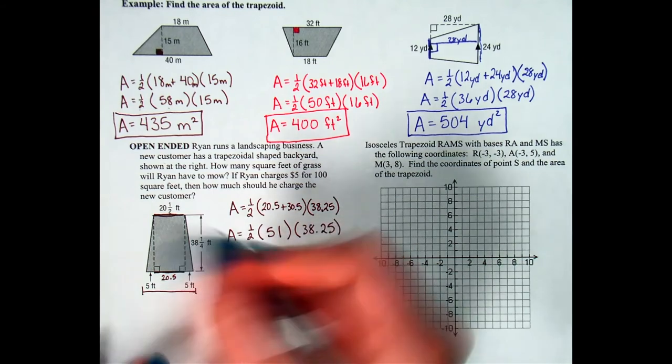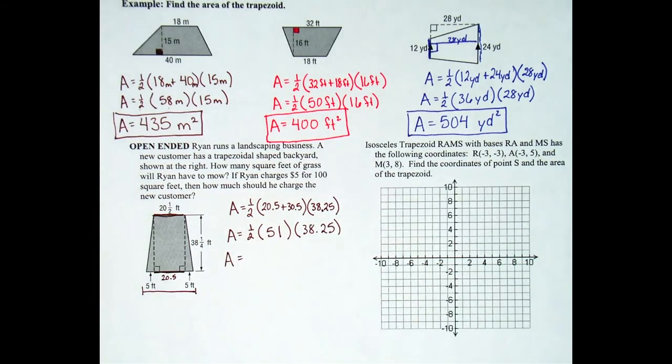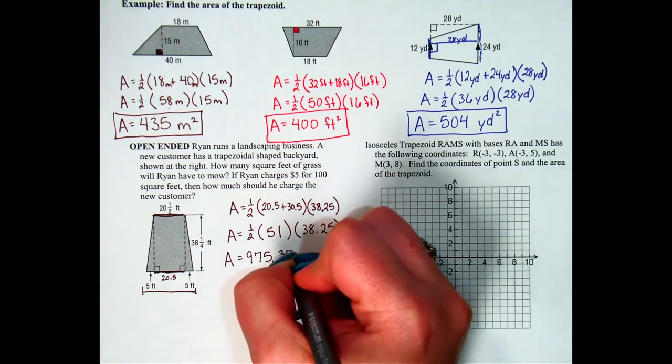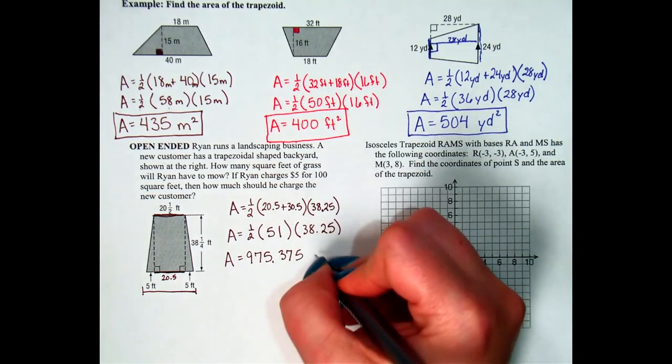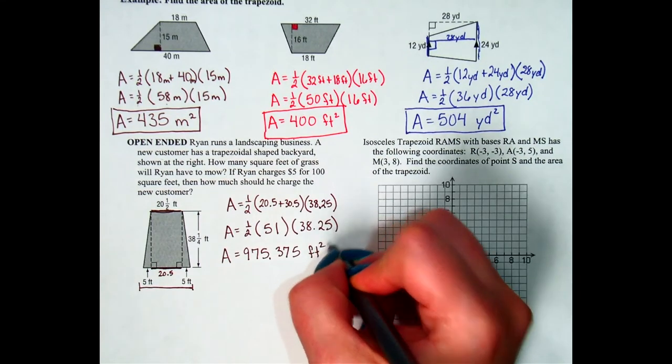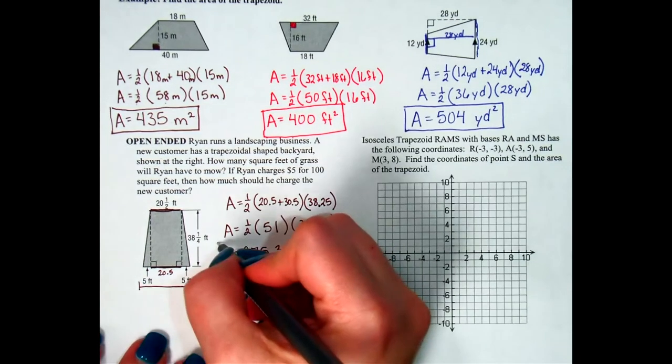I'm just going to put this in the calculator real quick. 1 divided by 2, times 51 is 25.5, and then times 38.25 is 975.375, and these were feet, so it's square feet. Okay, that is how much he's going to have to mow.